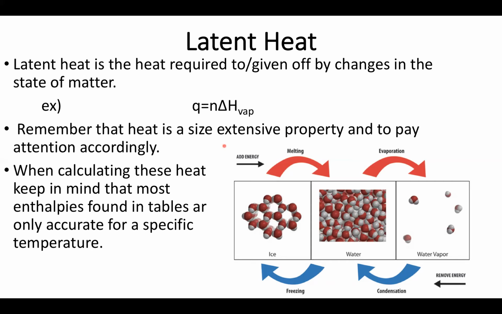So when we're trying to calculate these heats, one of the big things to watch out for is that a lot of the enthalpies you're going to be finding in tables are only for a very specific temperature, say room temperature or the melting or boiling point. So you'll need to do any corrections if you're trying to figure out the enthalpies of vaporization for any other temperature.